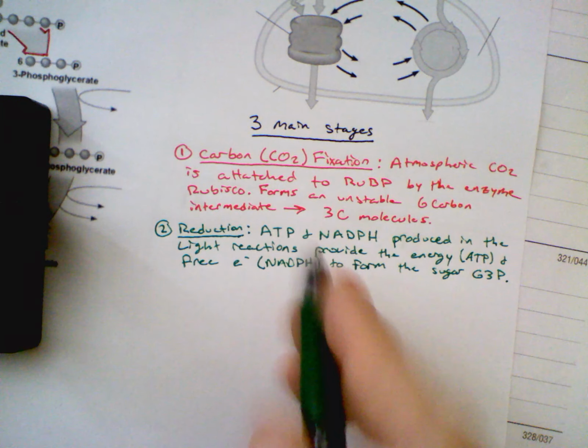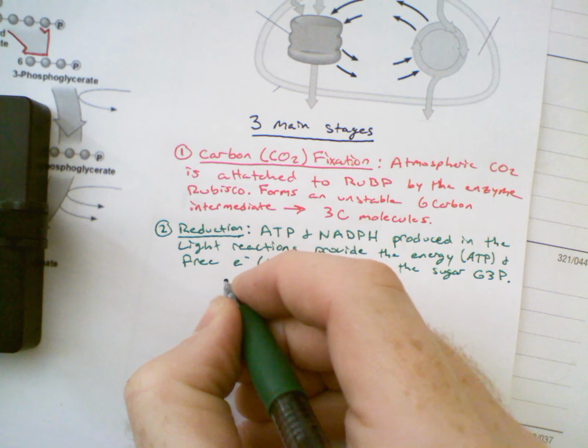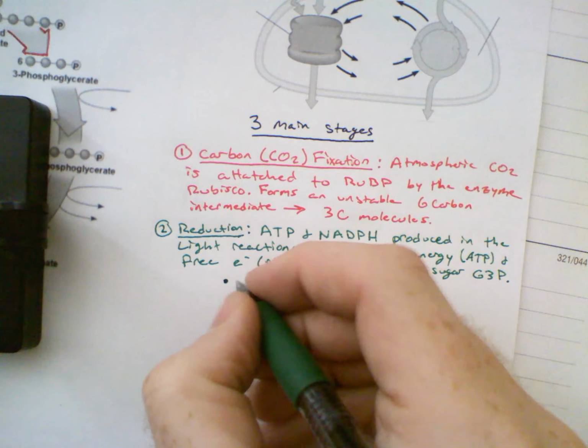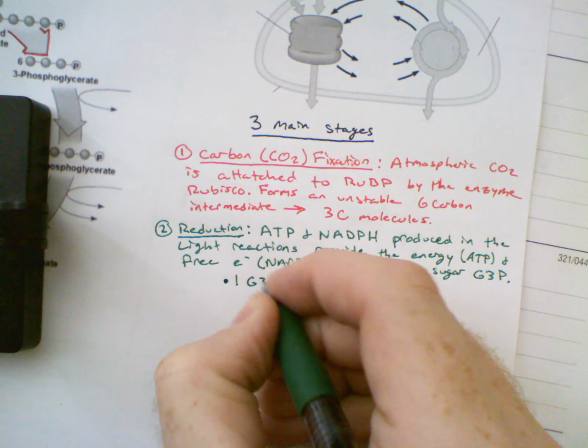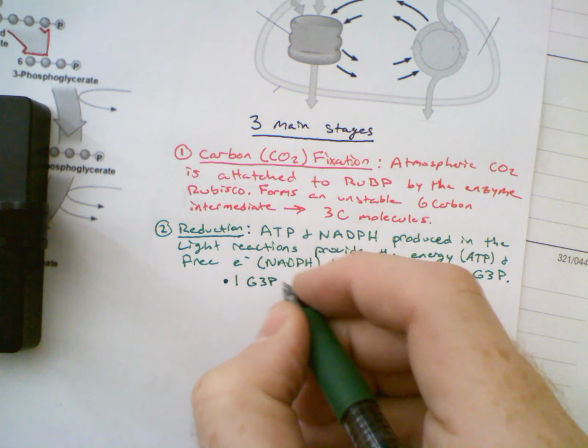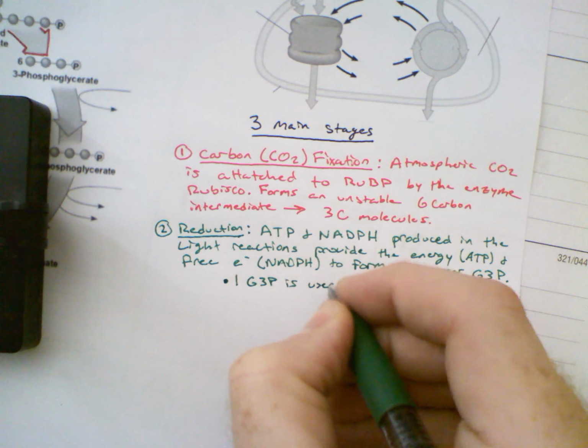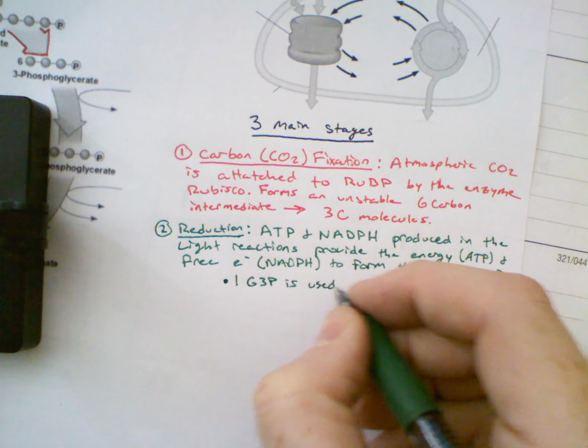So from this step, let's add a bullet point here. Some of that G3P is going to remain, some of it's going to move on through the cycle. So one of the G3Ps that's produced is going to be used to construct biologically significant sugars.